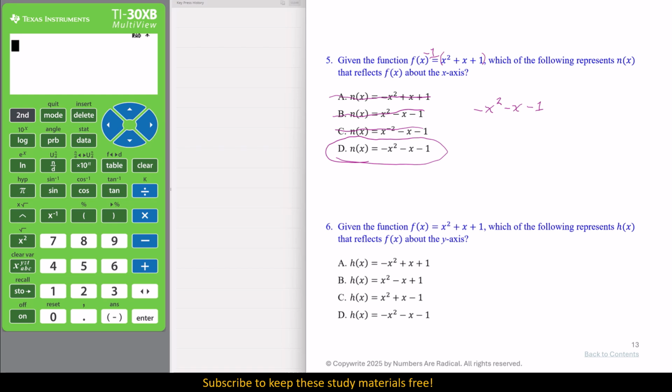You have to take each x and then multiply that by -1, okay? That is going to result in something different, okay? So let's see, -1, and then we have an x, and then the constant of +1 stays plus.